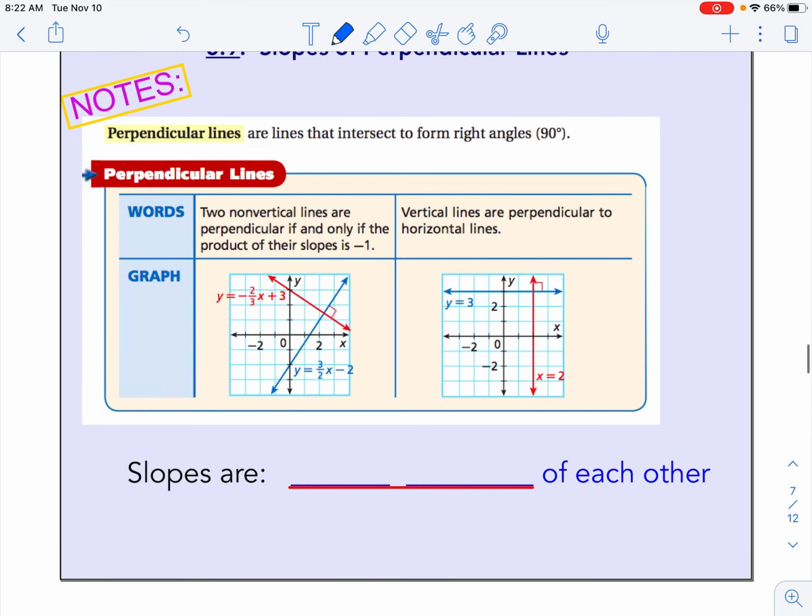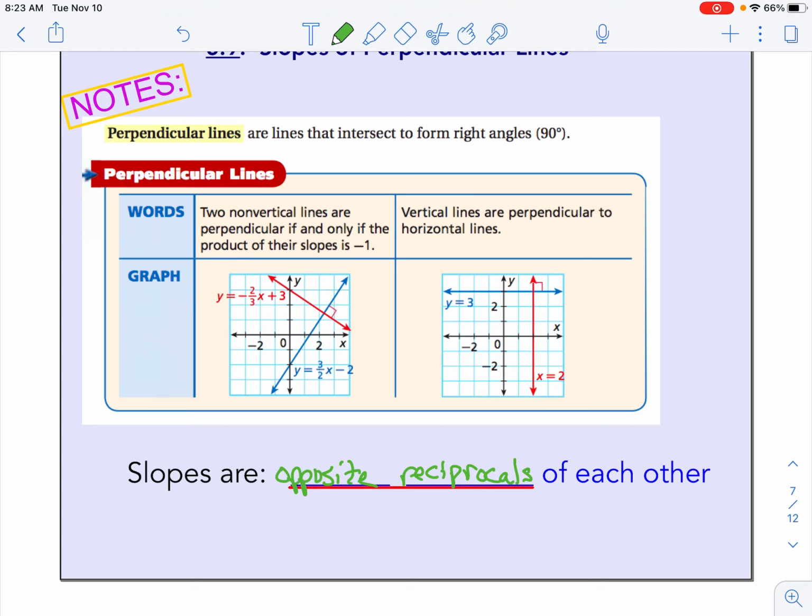So, perpendicular lines intersect to form a right angle, and their slopes are going to be opposite reciprocals of each other. In words, two non-vertical lines are perpendicular if and only if the product of their slopes is -1.